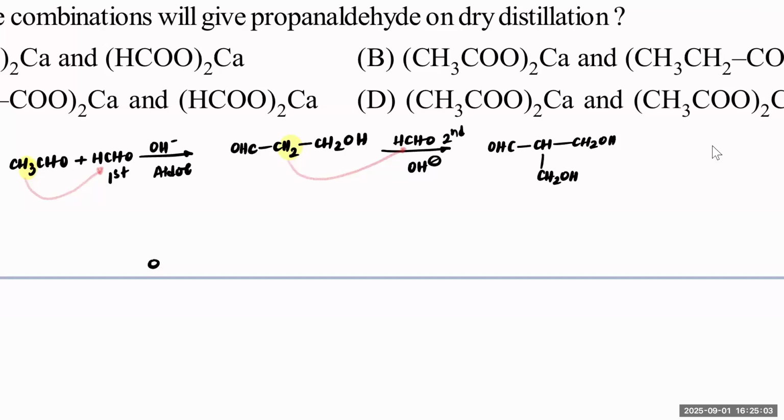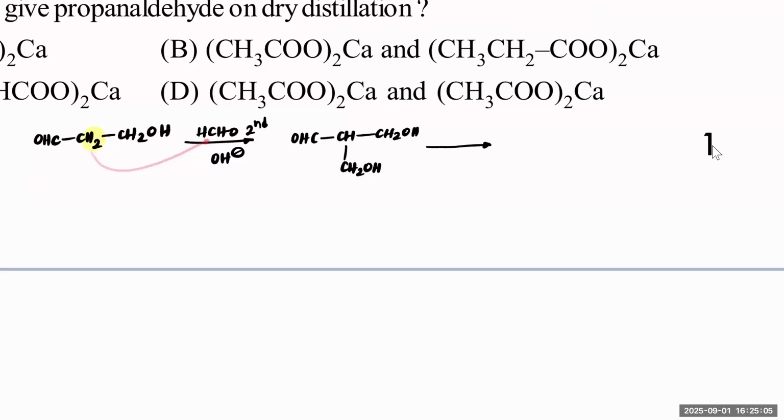So 2 moles done. Now again, if you react with HCHO with OH minus, one more hydrogen is there. You can remove it, so this will attack one more time. So you will get OHC. Now the carbon has one OH like this, one OH like this, and one more OH.